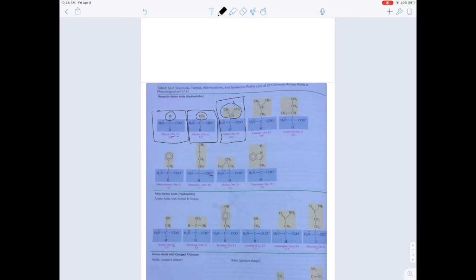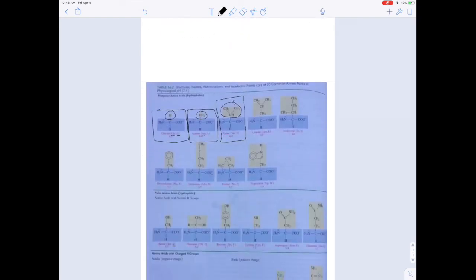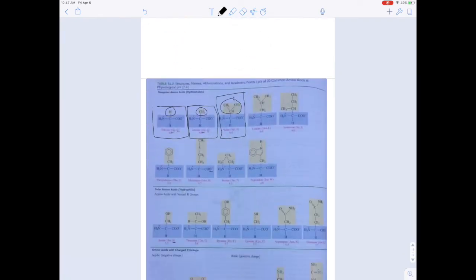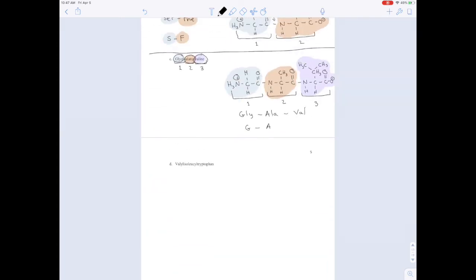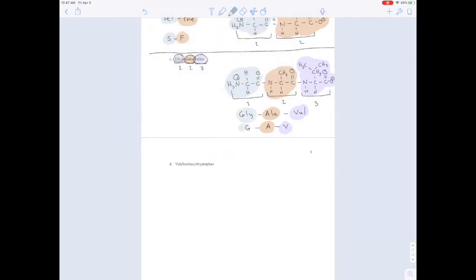The 1-letter abbreviation is G. So we can put GLY and G. For alanine, the 3-letter abbreviation is ALA, the 1-letter abbreviation is A. So we can put ALA and A. And for valine, the 3-letter abbreviation is VAL, the 1-letter abbreviation is V. So we can put VAL and V. And so again, we have valine, we have alanine, and we have glycine. So that is that tripeptide.